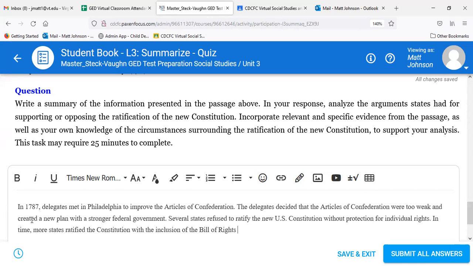We want to mention that it protects individual liberties, since that was the concern. So with the inclusion of the Bill of Rights protecting individual liberties, states ratify the Constitution. Okay.